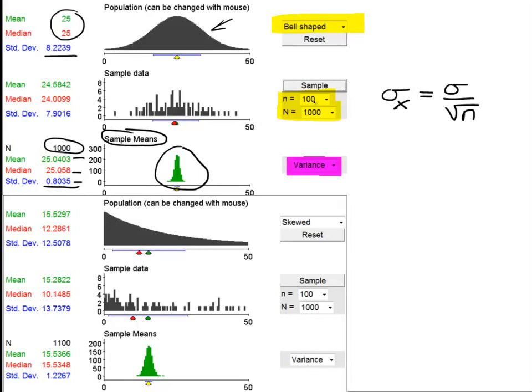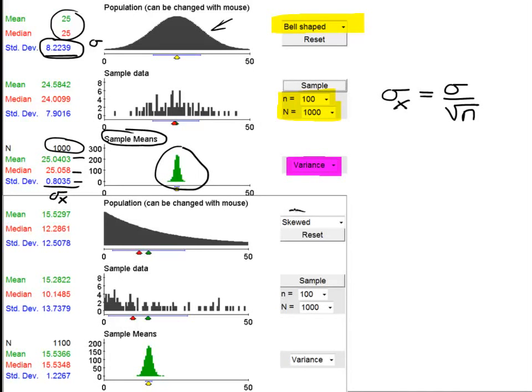And since I did a sample size of 100, the square root of 100 is 10. So if I take this standard deviation, the sigma of our population, divide by 10, I would get 0.82, and woohoo, pretty darn close, right? So that's our sample sigma, standard deviation.